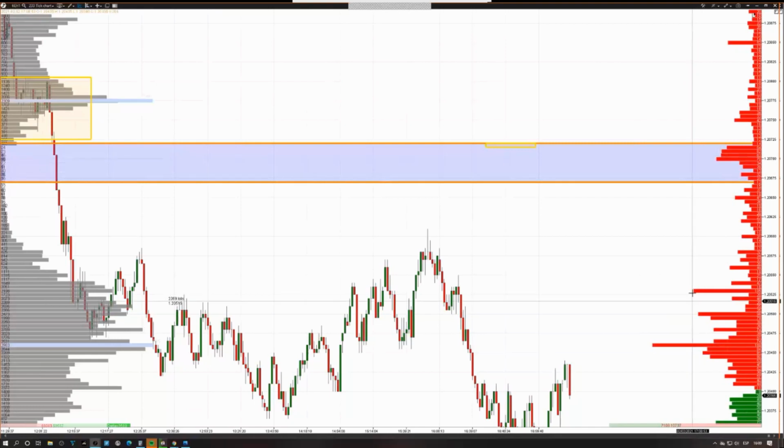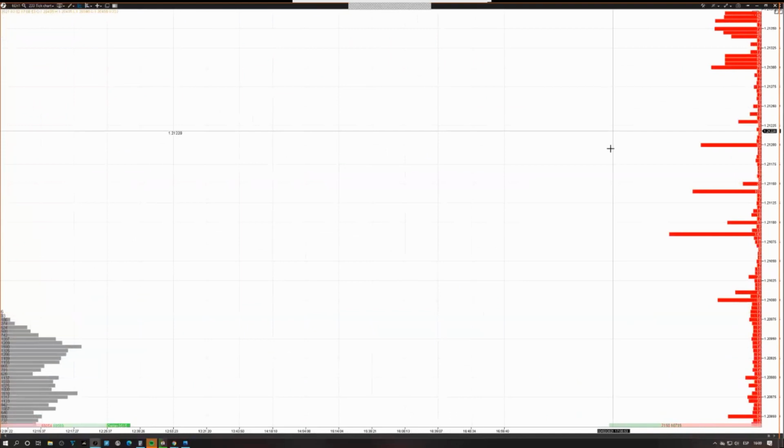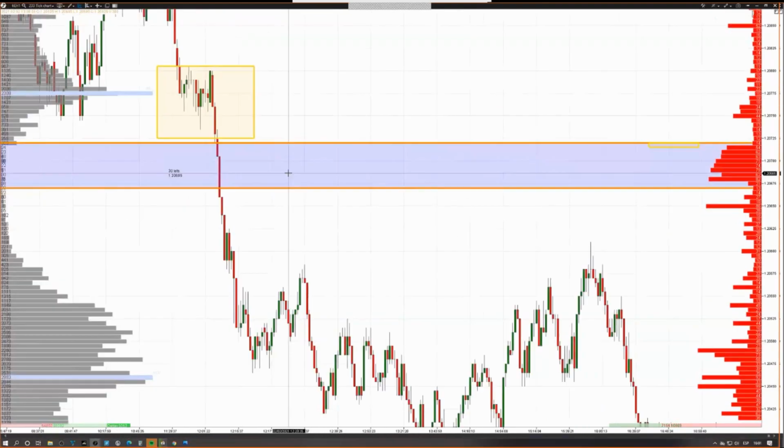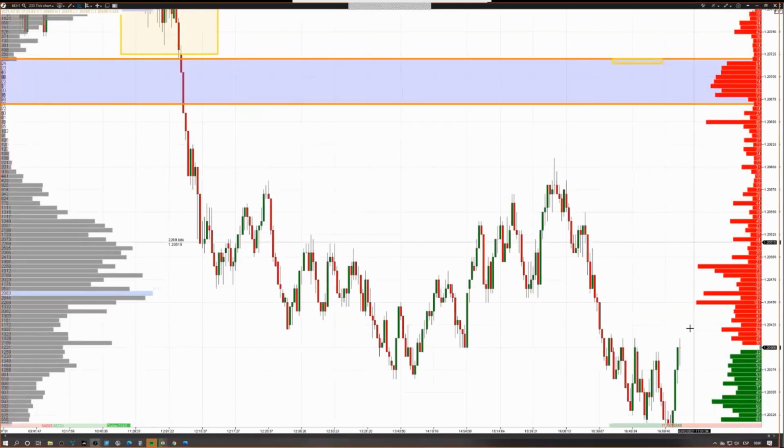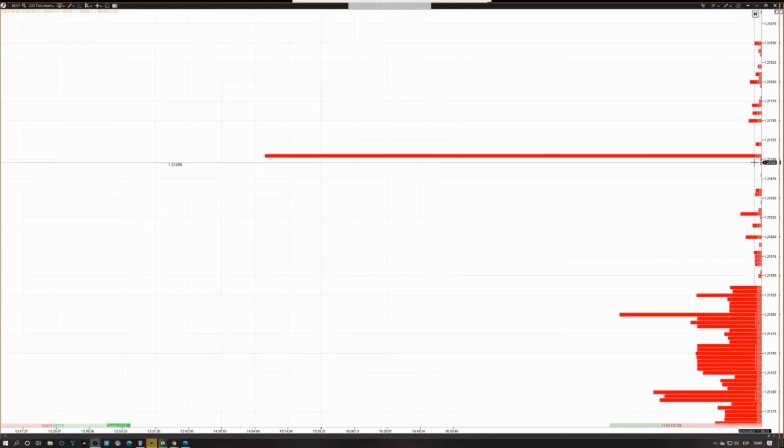So even though somebody puts, I don't know, like we saw here on the top, a 700 lot order, they still need to have the 700,000 euros to put this order, all right? But they can take it away. Right? It can be there just to fool somebody or to fool the algorithm traders. We don't know that, but we know it's there.